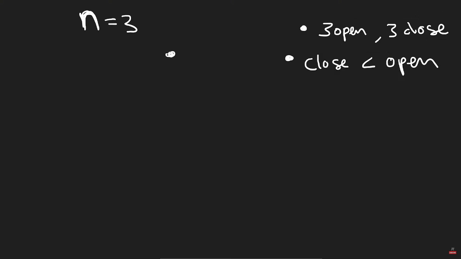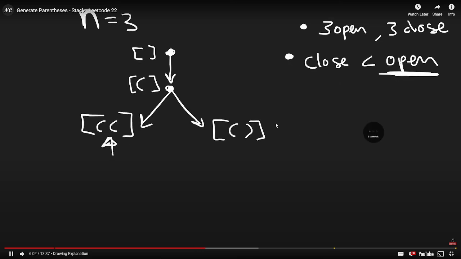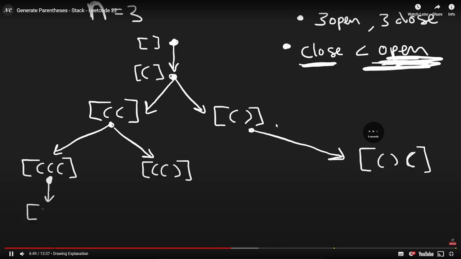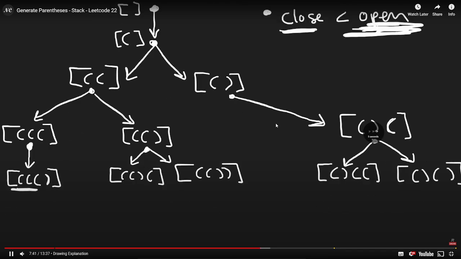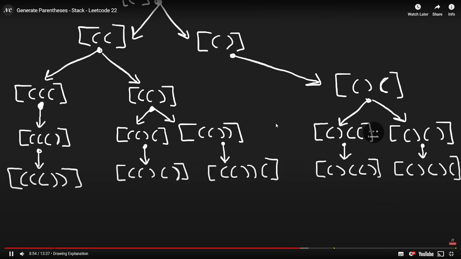So with that said, let's start our backtracking solution. So far we're empty, right? So the first thing we're going to do is add an open parenthesis. We have one open, and the limit is 3. So we have two choices, because we can add another open or a closing parenthesis.